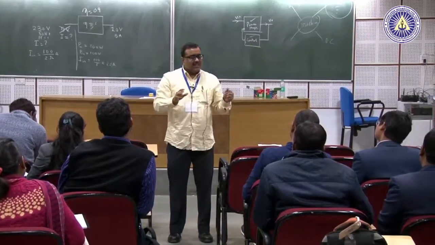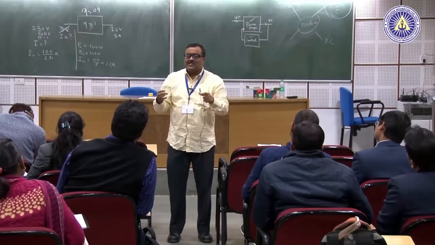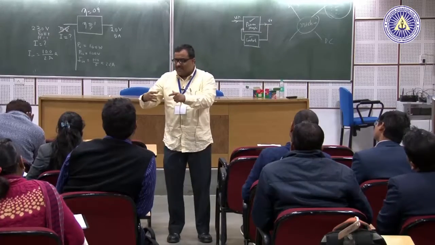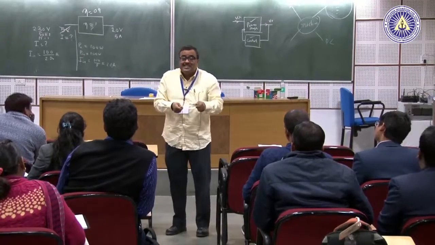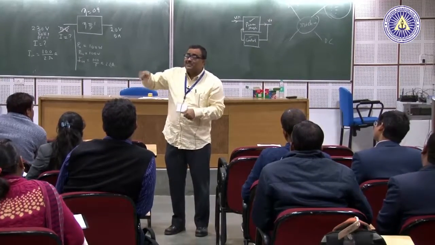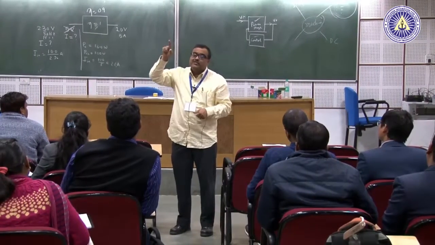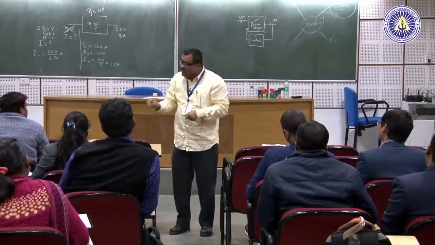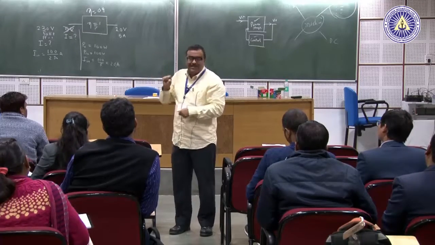Once they have some understanding, towards the end we will have a demo class. I will take the same thing that they have designed and show them: you designed this, now I am putting this, you see the ripple here, what was the ripple you were getting? They will say, from 0 to 5 amps it was triangular, and then on the scope I will show them that it is triangular, and you can see the values.